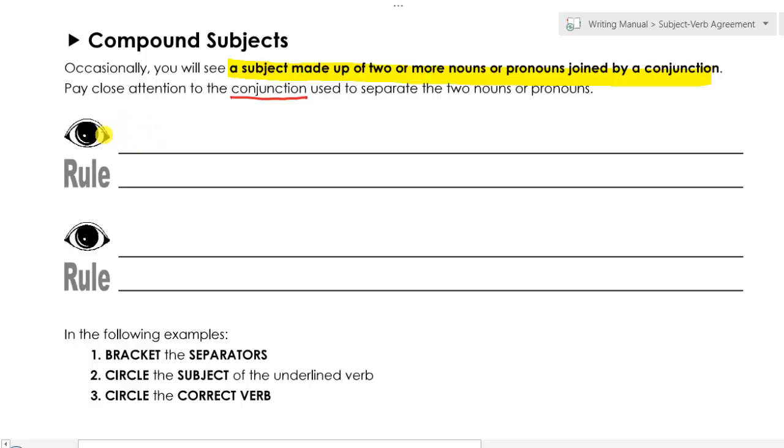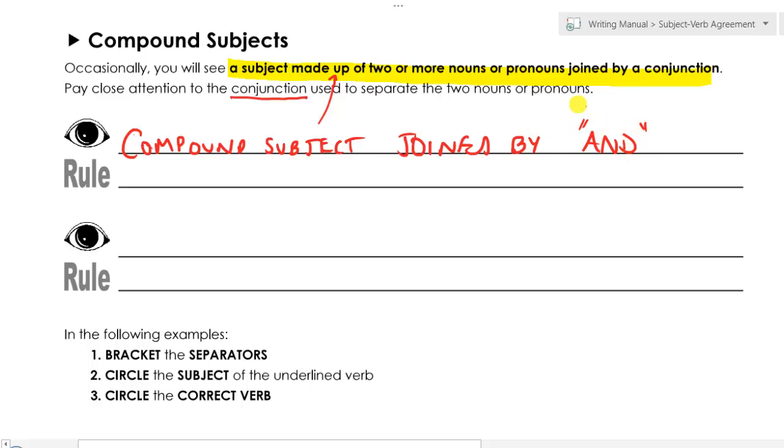So let's go ahead and write down the major tip-off clues for this particular variation of the rule. So let's write down compound subject. And again, remember that a compound subject is just that, a subject made up of two or more nouns or pronouns joined by a conjunction. So compound subject joined by and.